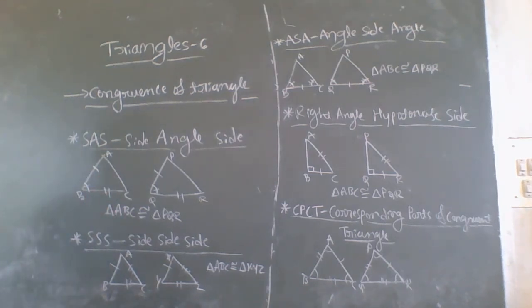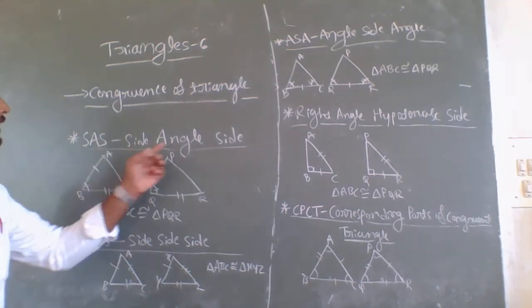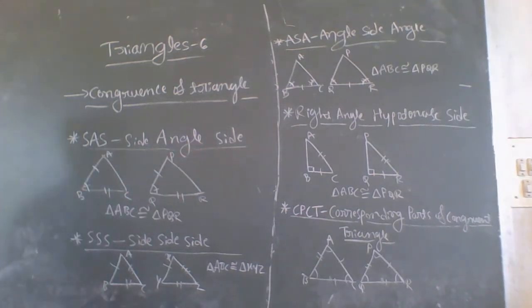So here the first one is SAS, means side angle side. Here I consider two triangles ABC and PQR. SAS means side angle side.